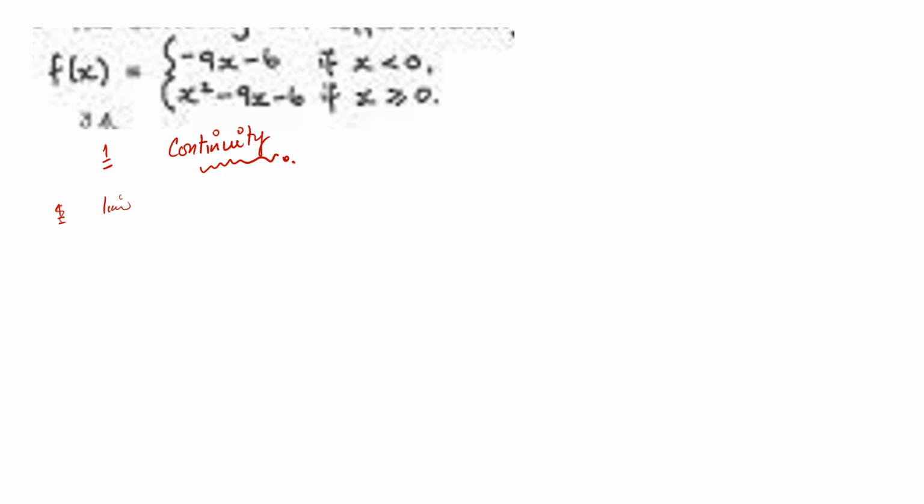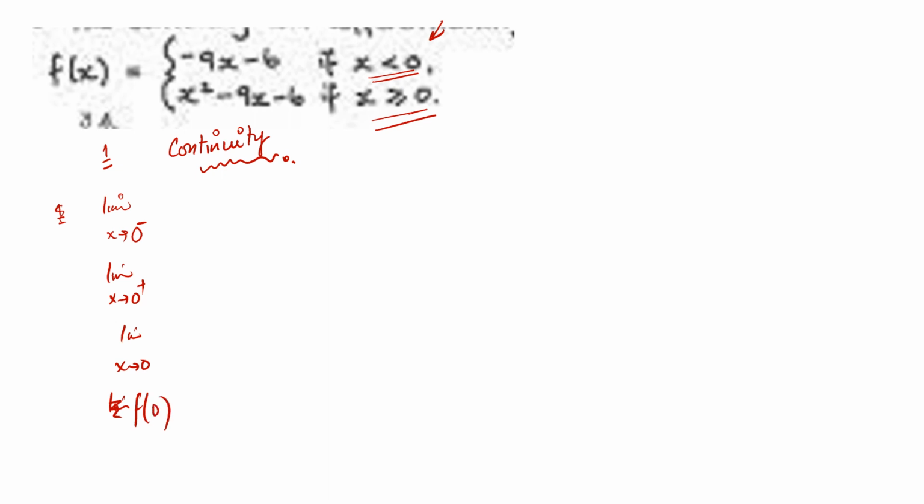We will find the limit from the left-hand side and the right-hand side at 0, because these are the conditions of continuity. So limit x approaches 0 from the left side, limit x approaches 0 from the right side, limit x approaches 0 from both sides, and f of 0.